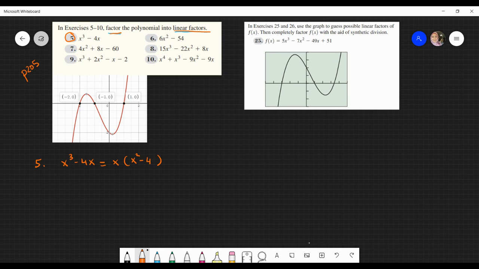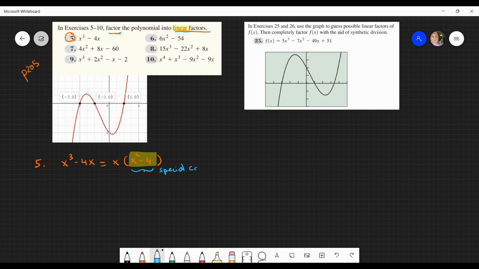And I will look at this expression and I'll look at the question and I'll see if I answered the question. And I did not yet, because it says linear factors, and this is not linear, this is quadratic, which means I did not finish factoring yet, and I need to keep going until all the factors are linear. So this should look very familiar.